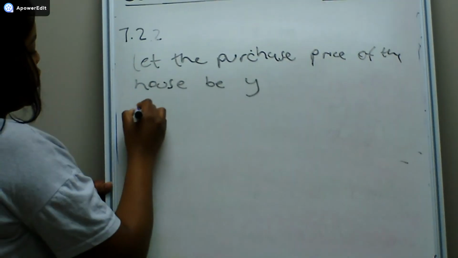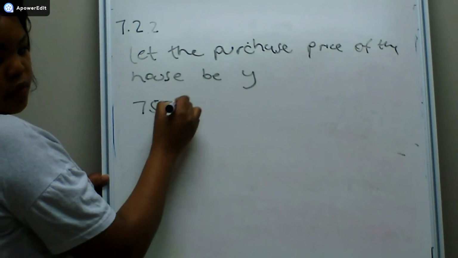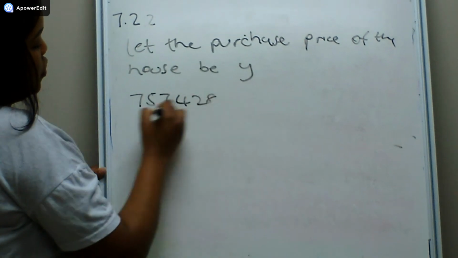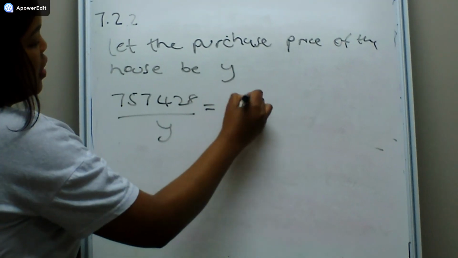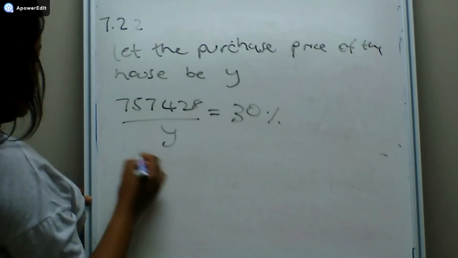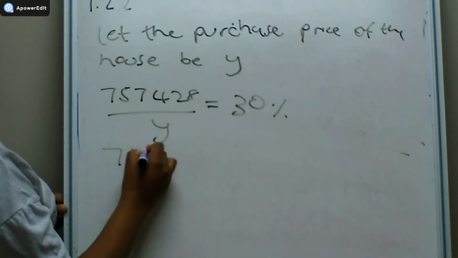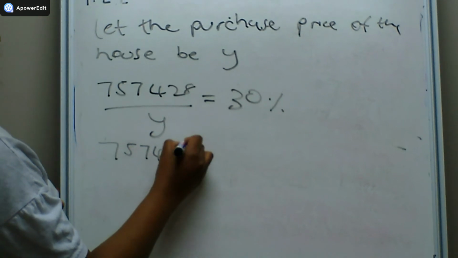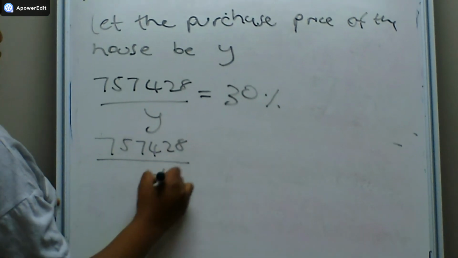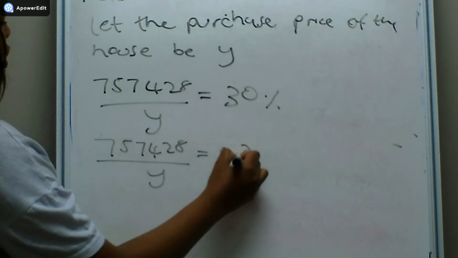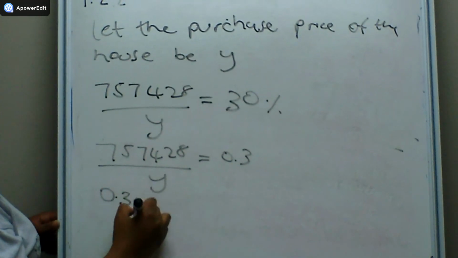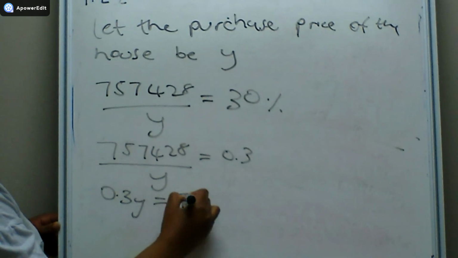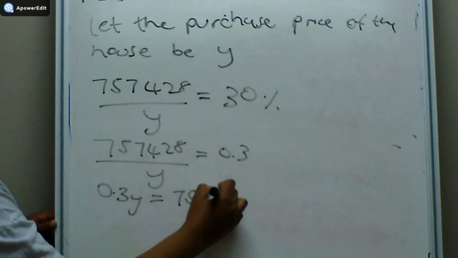So our last question for today is 7.2.2b, and we're asked to calculate the purchase price of the house to the nearest rand, and we were given that Mutloyi's deposit is exactly 30% of the purchase price of the house. So what you can see that I've done here is I let my y be equal to the purchase price of the house, and then I take the number that I got previously and you divide by y, which you equate to 30%, as it is said in the question.